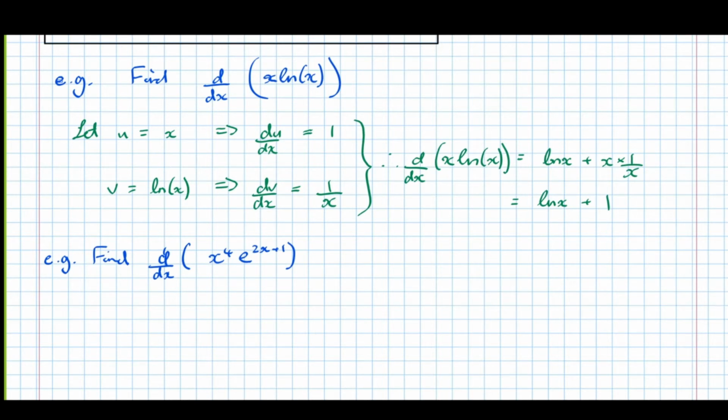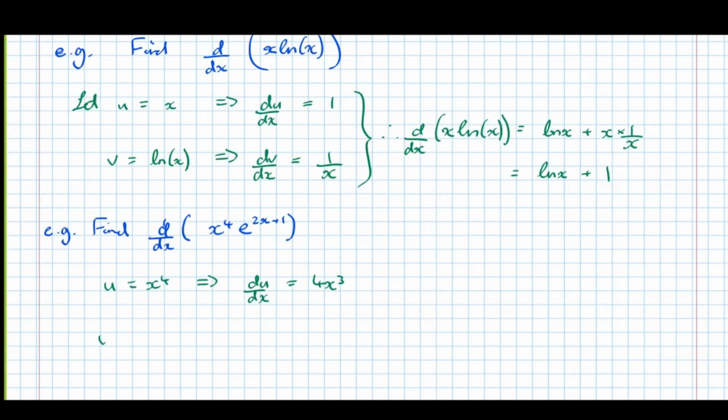So u equals x to the 4, which implies that du by dx equals 4x cubed. v equals e to the 2x plus 1, which means that dv by dx equals, well, it's itself, using the chain rule, e to the power of something differentiates to exactly the same thing, times the differential of what's in the bracket.